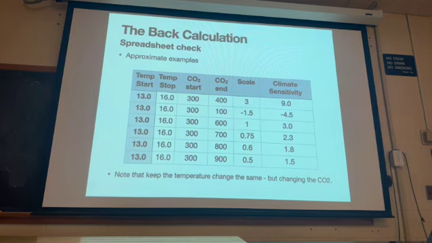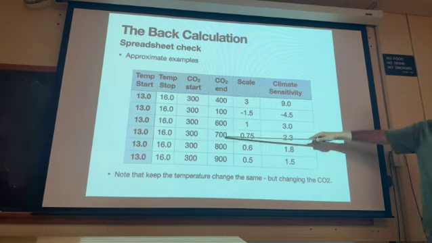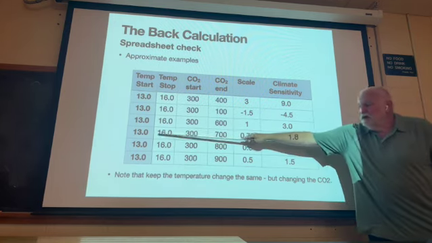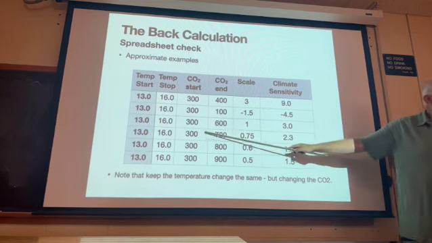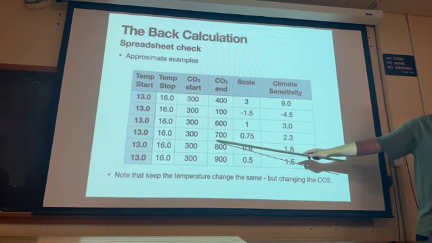The numbers go down. I'm sorry? They go down. It went down a little bit. So it went from this to this. Why did it go down? Because in order to get that same temperature rise, I needed more CO2. Okay?